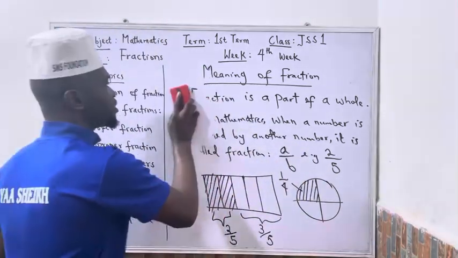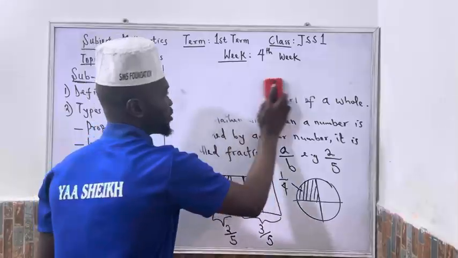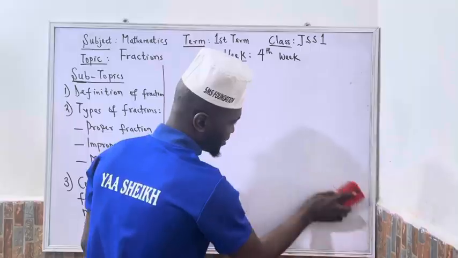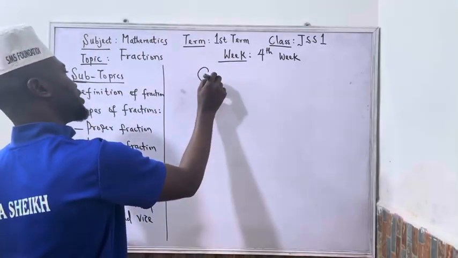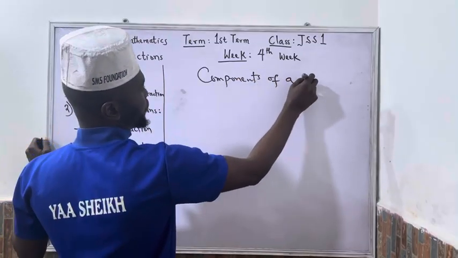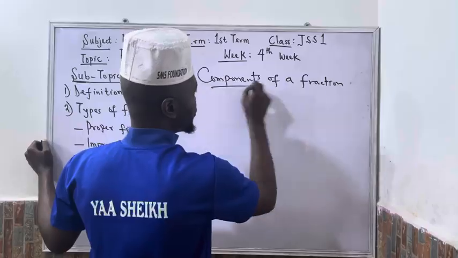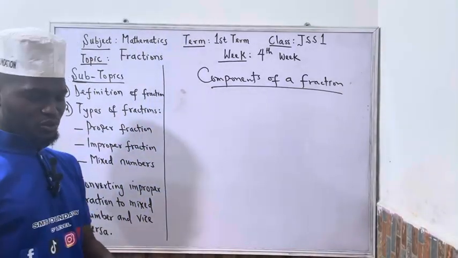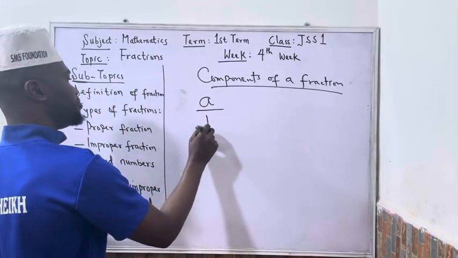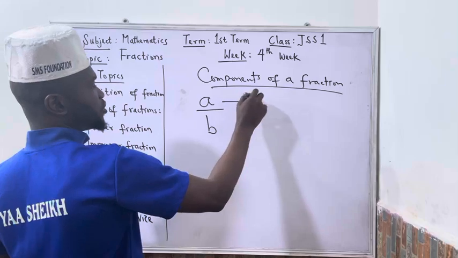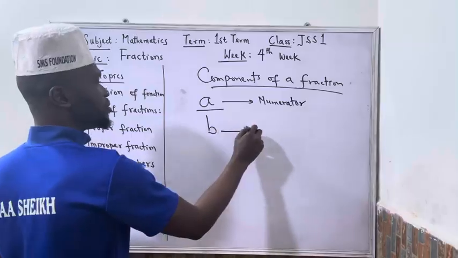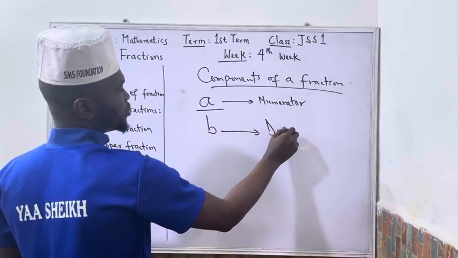Now, let's look at components of a fraction. That is, what are the things that make up a fraction? If I have A over B, the number on top is always called the numerator, while the number at the bottom is called the denominator.